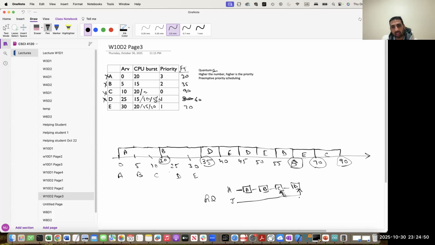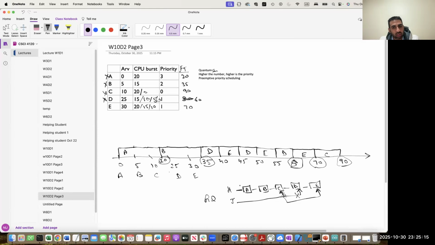And when E becomes ready, you will point the tail to the end. Now if this is the current state of your ready list and you want to pick the process with the highest priority, what will you do? These are actually the PCBs of processes A, B, C, D, and E in the list, right?